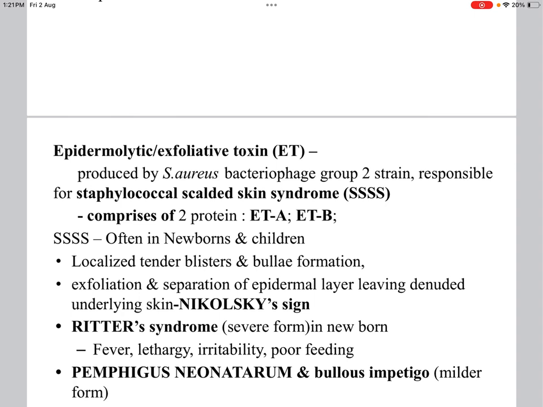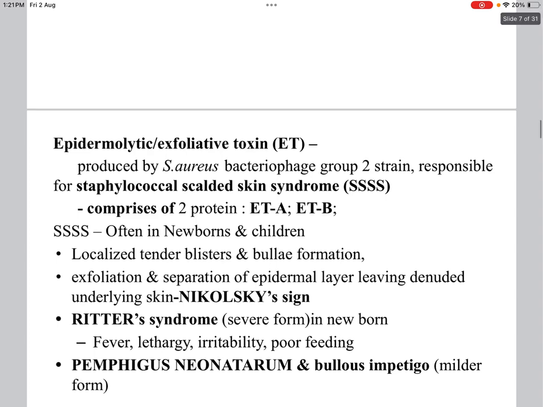In children, it causes two types of infections: one is blisters and another is bullae formation. And the third or severe form of exfoliative toxin causes a disease known as Ritter's disease in newborns, which is usually characterized by fever, lethargy, irritability and poor feeding.